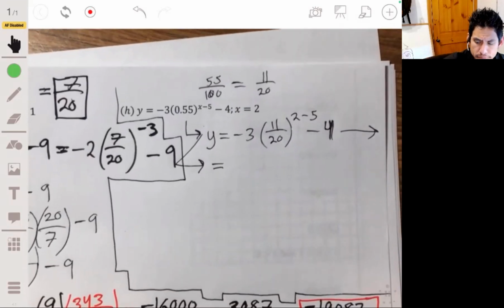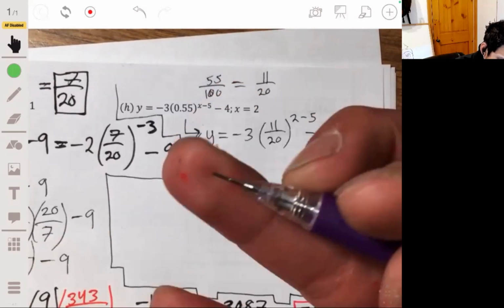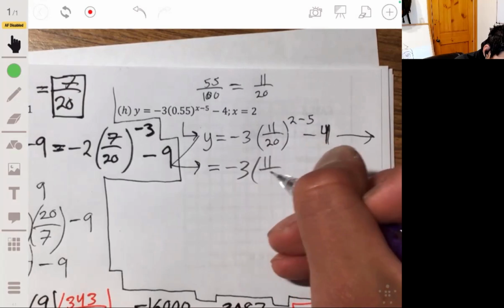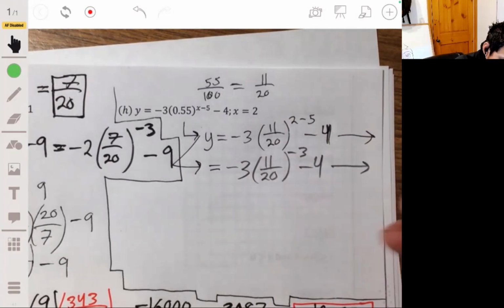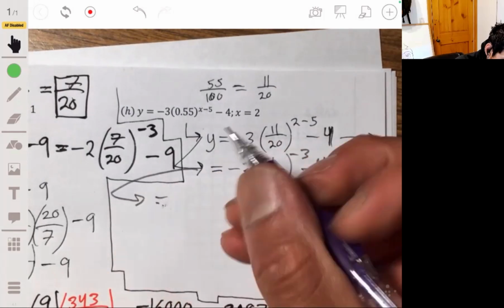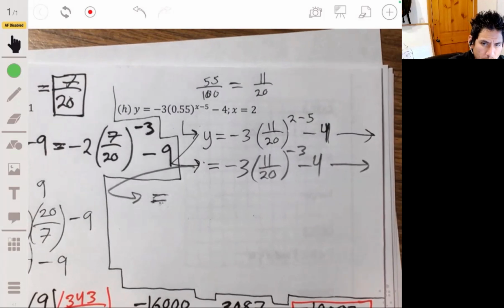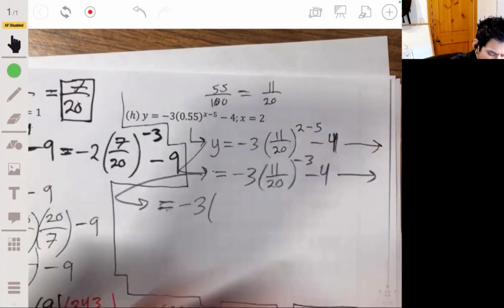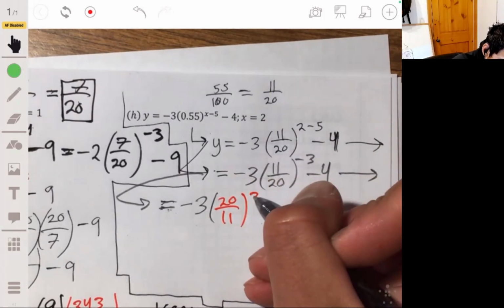Zoom in, pushing pencil. Negative 3 times 11 over 20 to the negative 3 power minus 4, exploding. Let's make that negative 3 positive 3. So we have negative 3 times 20 over 11 to the positive 3.